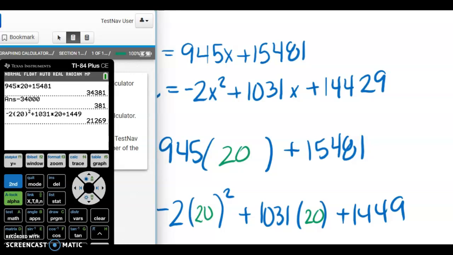Hit enter, and now I get this number. And that looks incorrect to me, much different from here. When I look back at this, I notice that I didn't hit the 2 in this last part. So I have to re-enter this. Instead of retyping all of this, we can hit the second key and the enter button, and it brings in your previous entry.